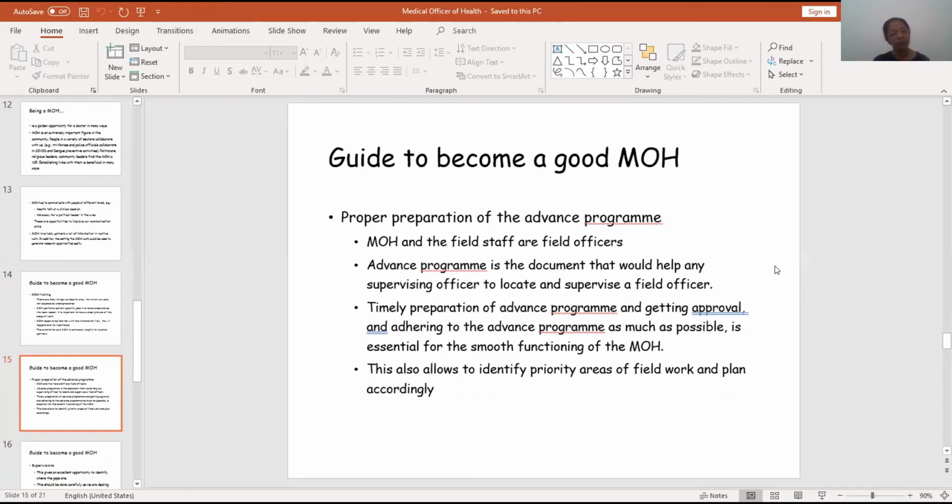So the MOH has to prepare her advanced program and submit it to the RDHS before the 25th of the previous month. Next month's advanced program has to be submitted before the 24th of this month. So when we are planning our advanced program, we have to know the areas to be supervised.